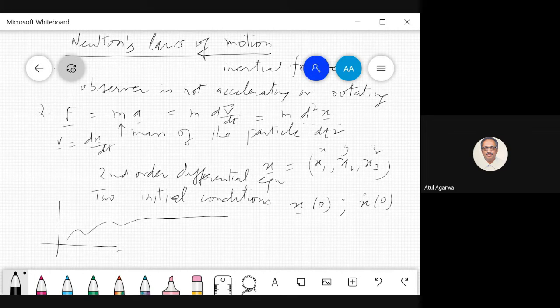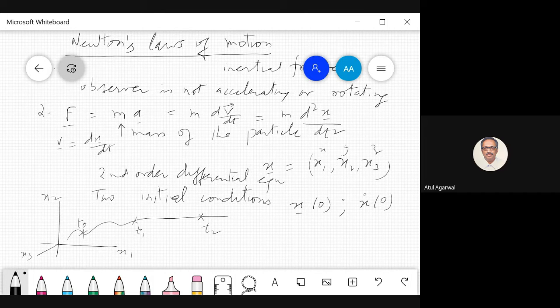So if you write the trajectory, at each point it is at a particular time, so you have different positions. In this diagram, time is hidden. Once you have a time, you know the position.